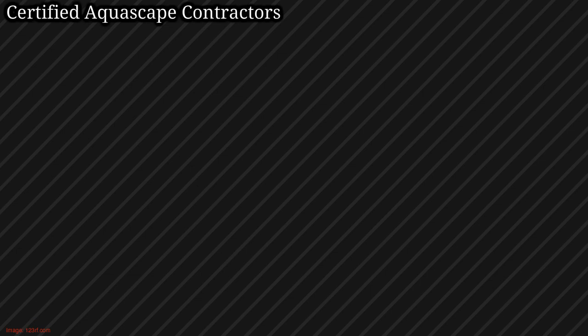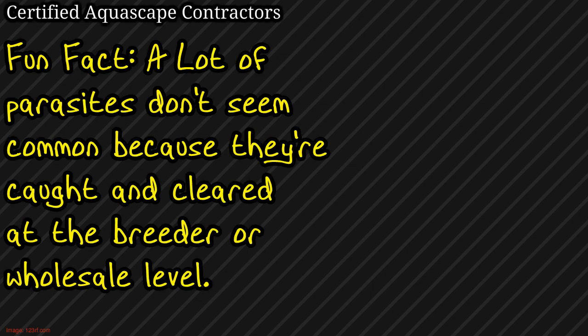In the fish hobby, interestingly enough, a lot of the really cool parasites are found at the wholesale or the breeder level. So a lot of what is out there you don't see because the breeders catch it first and they take care of it at the farm, or the importer sees it, takes care of it there, or the wholesaler sees it, takes care of it there.